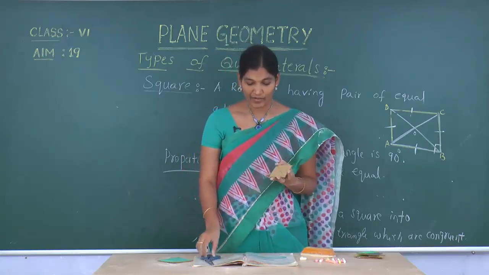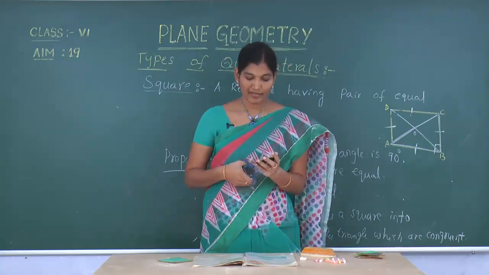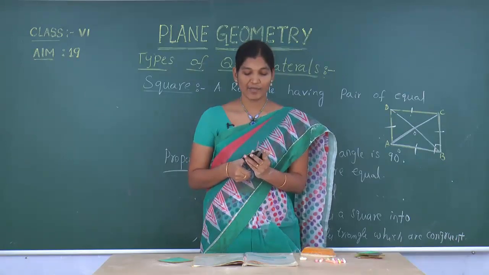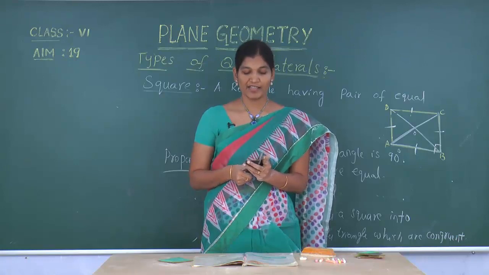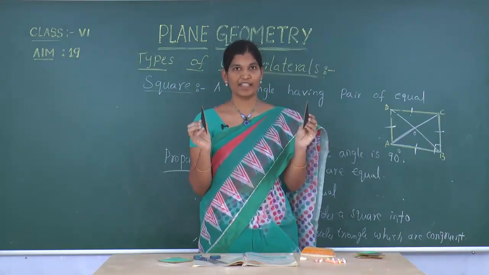And if you cut the rhombus along the diagonal, the diagonal divides the rhombus into two congruent isosceles triangles. Why am I calling them isosceles? Because in the triangle two sides are equal. I cut the rhombus along this diagonal.